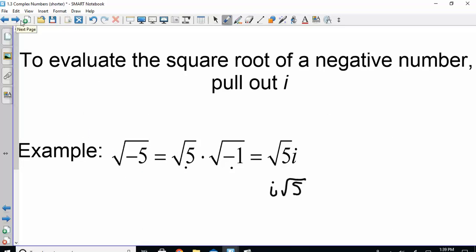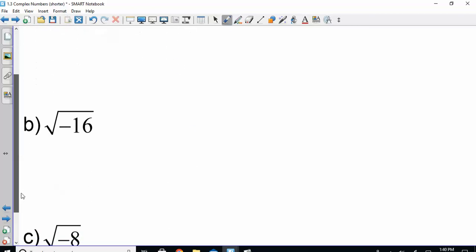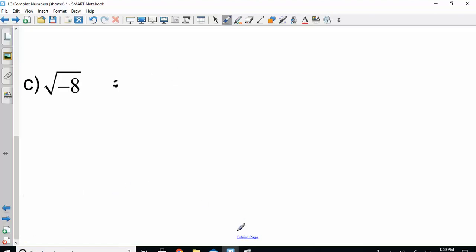So let's just practice that. So what is the square root of -1? i. That's even the definition. Okay, square root of -16. Square root of -8.